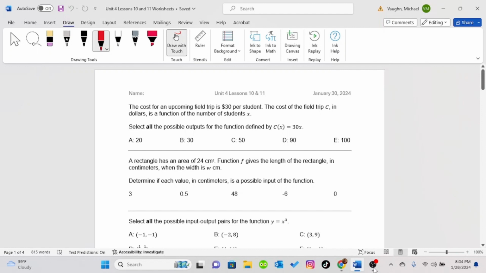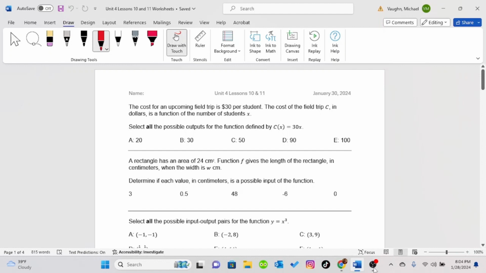So if we look at the first question, it says the cost for an upcoming field trip is $30 per student. The cost of the field trip, capital C, in dollars, is a function of the number of students, x.